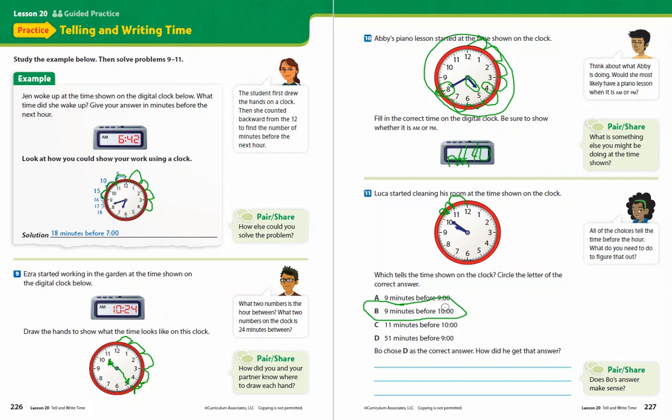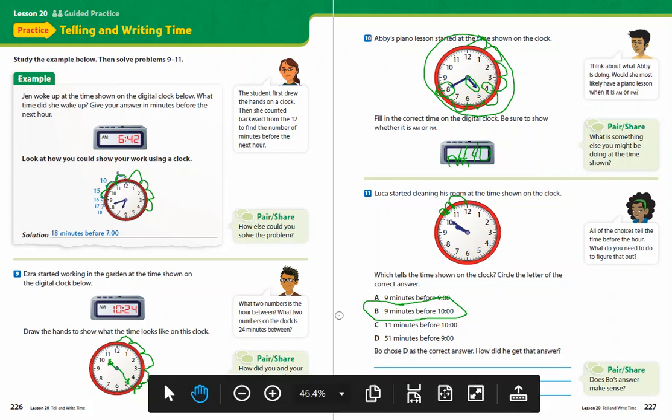So that's 9 minutes before it is 10 o'clock. 9 minutes before 10. If you could do that as well, counting backwards, or you count forward to see how many minutes are left. Either way, whatever you find easiest.